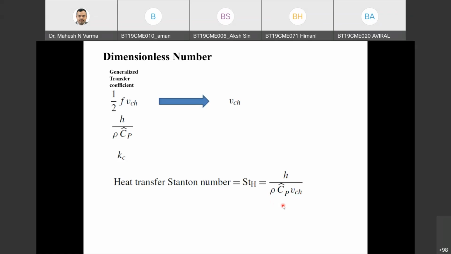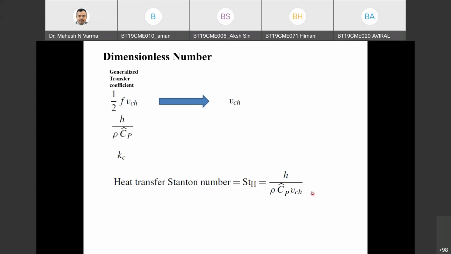Okay. So what is the physical significance of the Stanton number now? Sir, momentum transfer, advective momentum transfer, it represents that.